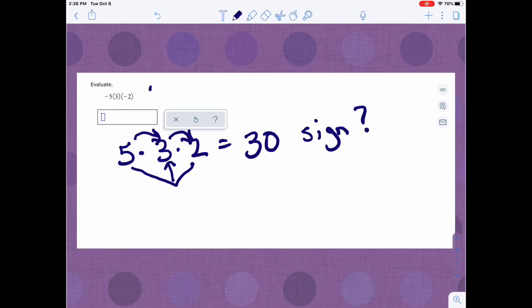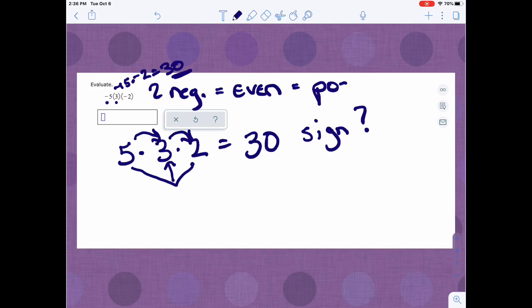Well, I have two negatives, and here's a trick. You could do this. Negative 5 times positive 3 is negative 15, and negative 15 times negative 2 is positive 30. Or you could know this rule. If there are two negatives, that's an even number of negatives, and that will always be positive.